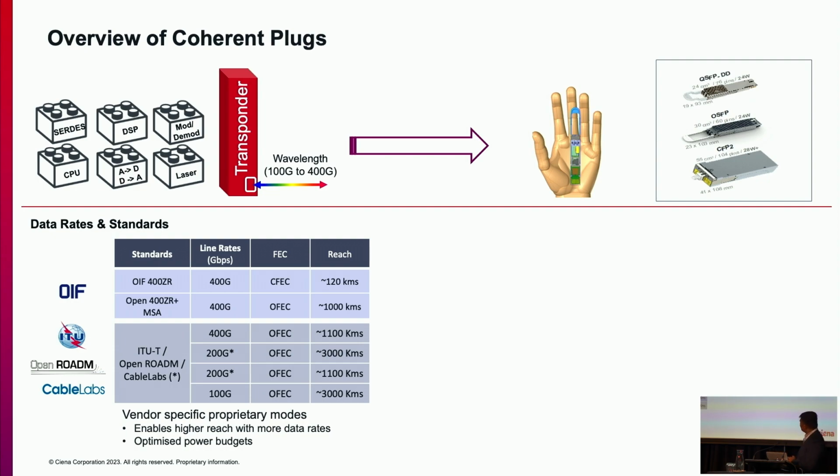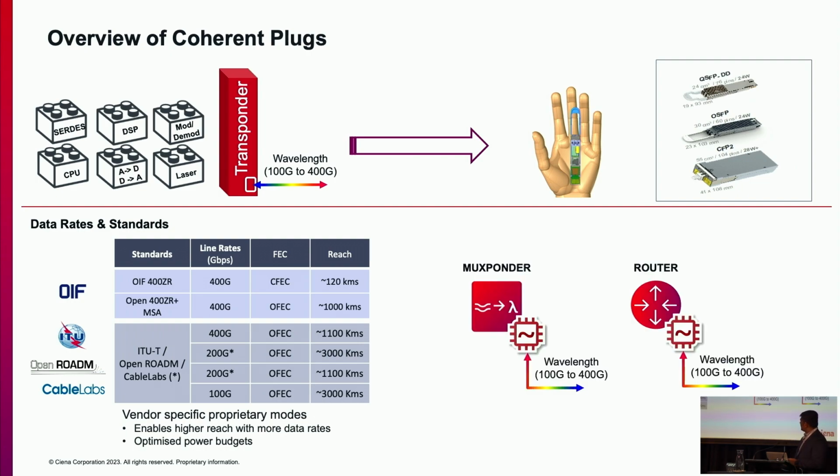It all started with 400 gig ZR, still in a lot of discussions, helping us to drive smaller spans, followed by ZR Plus, and ITU-T and Open ROADM are working on different modes to meet reach and capacity requirement. Vendors are also working on their specific proprietary mode called performance optics that could be hosted on your routers or next-gen transponders, providing higher reach and more data rate in the network.